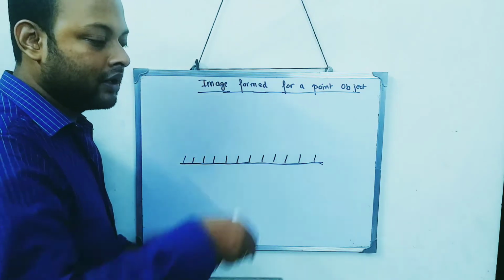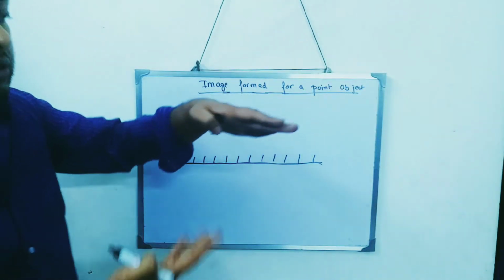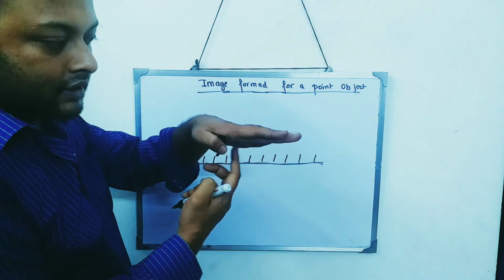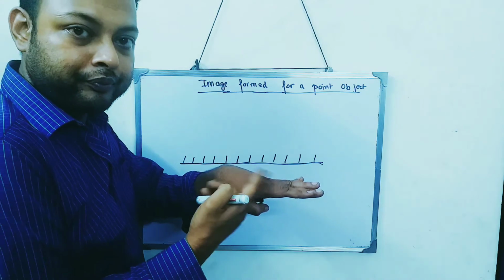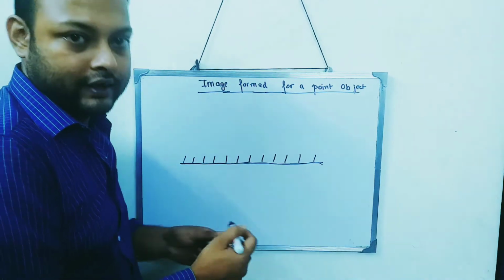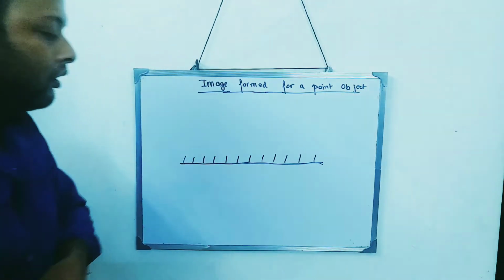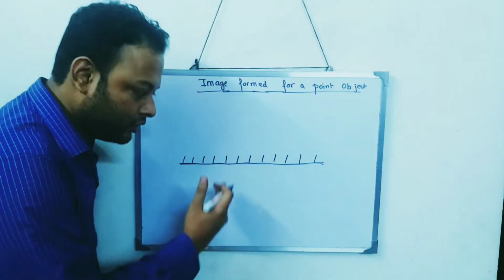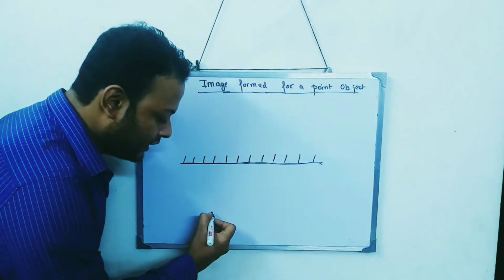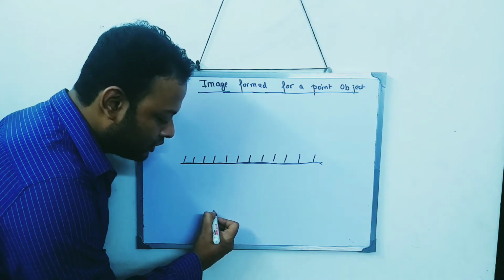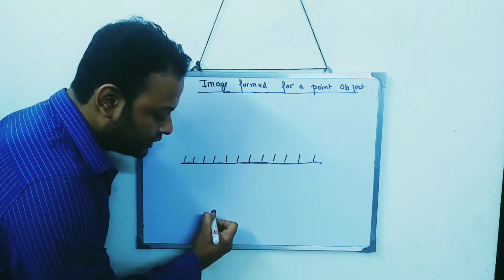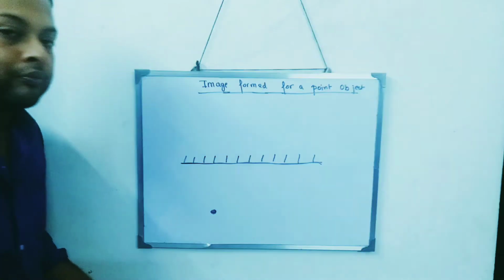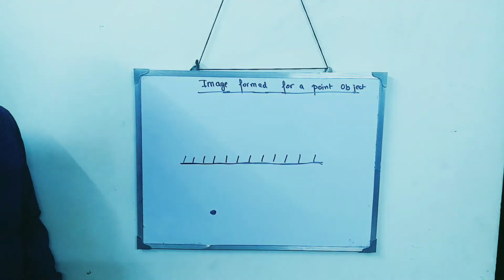If you consider the mirror like my hand, the bottom side is the reflecting side and the top side is the silver side. Now in front of the reflecting side, I put the point object just like this.